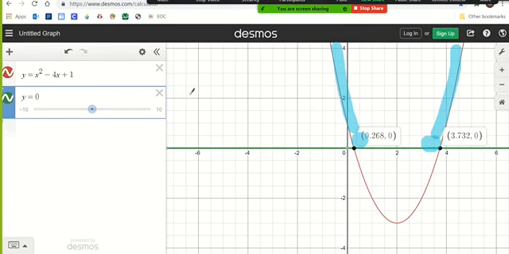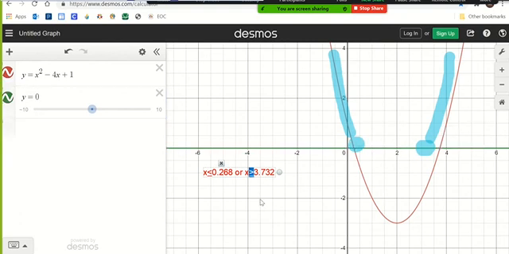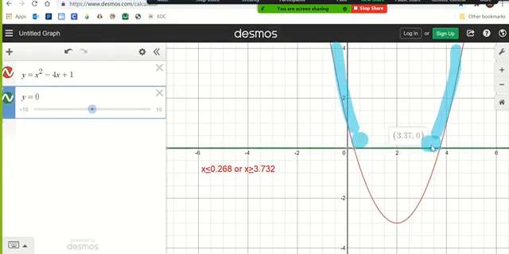We're going to say x is less than or equal to 0.268, or x is greater than or equal to 3.732. Boom. That is where red is above or equal to green. This got a little shifted to the side.